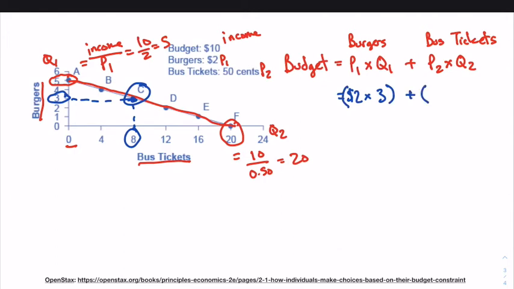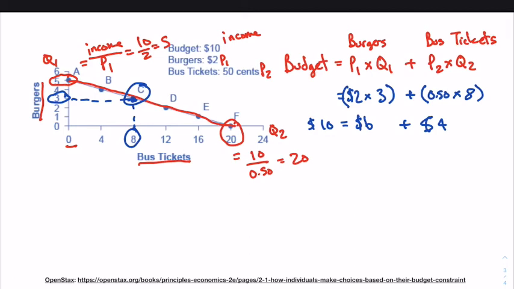And then for the bus tickets, we know they cost 50 cents, and we're going to be purchasing 8 of them. So burgers are going to cost us $6, and the bus tickets are going to cost us $4, which brings us out to $10.